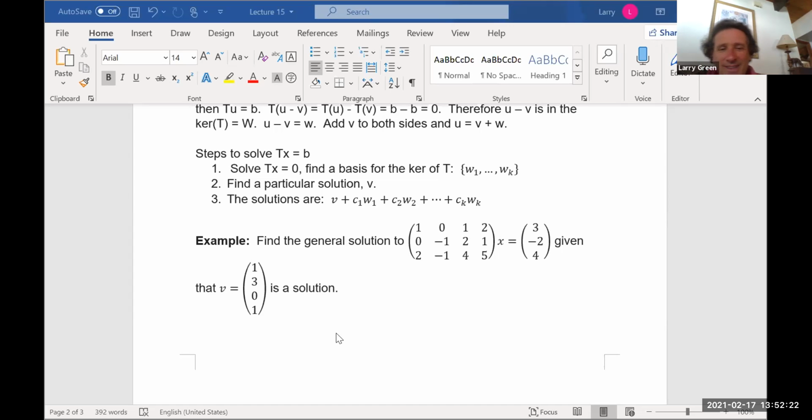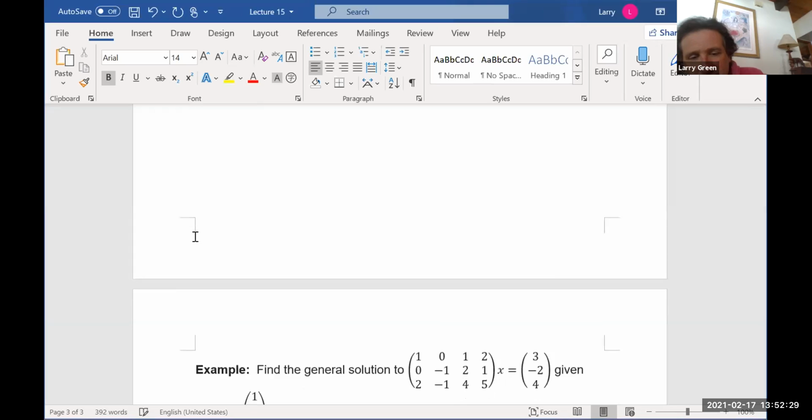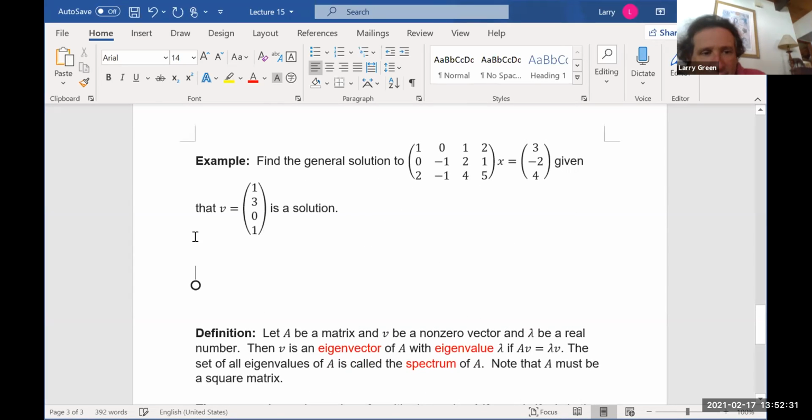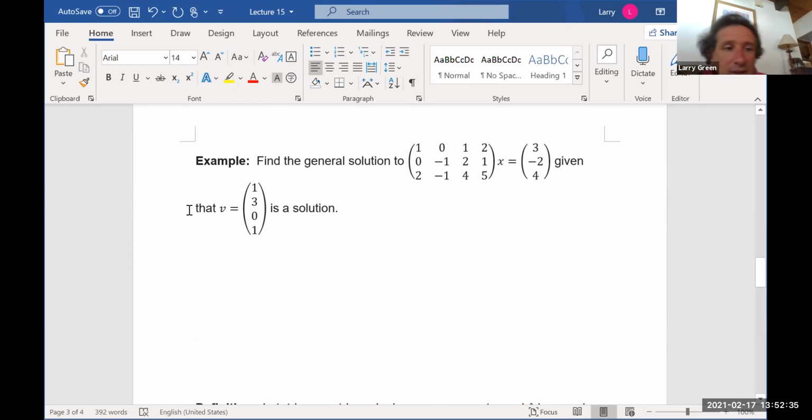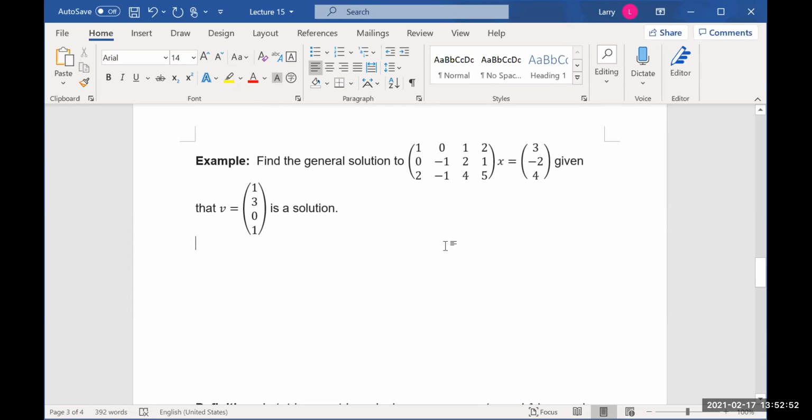Okay, we got a second answer. All right, I think I'm going to do this one because I think it's worth it. Let me put it on its own page so I can work it out. All right, so the first step is to find the null space. How do I find the null space? What's the first step? RREF it.